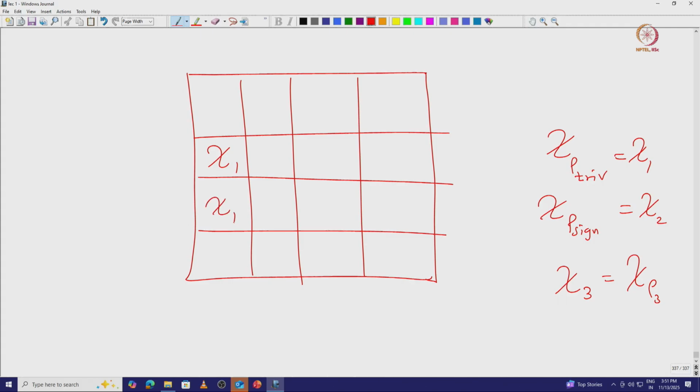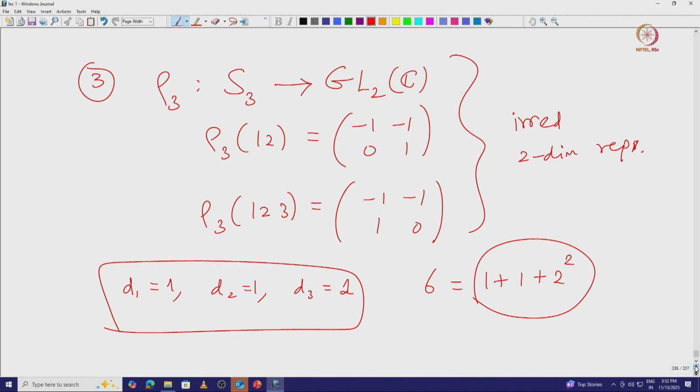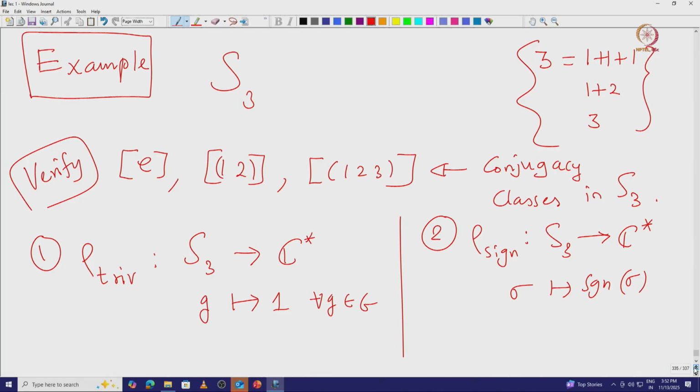Here you have the classes identity, (1 2) and (1 2 3). Now, in the trivial representation you can see that all elements are mapped to 1.